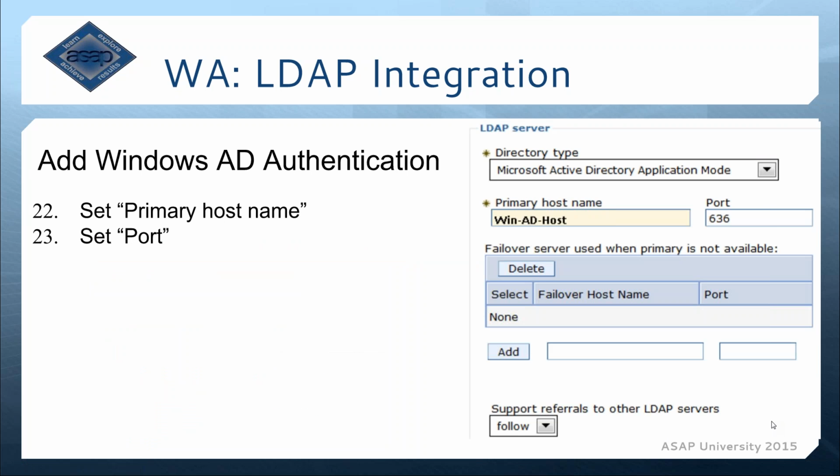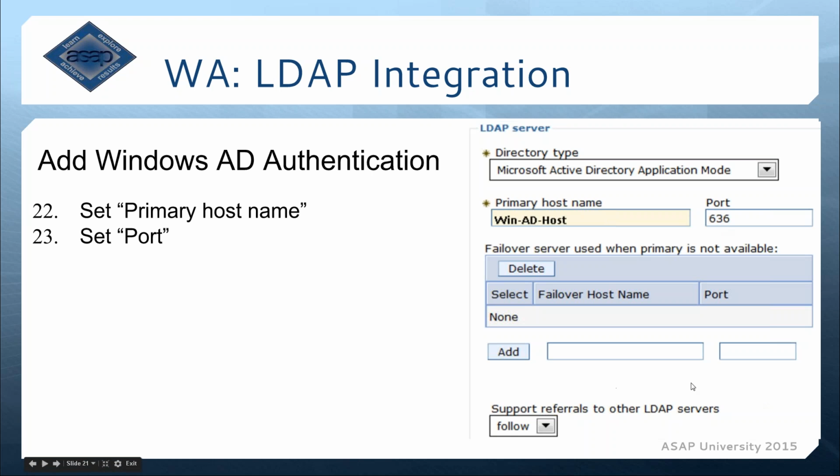And then on that same screen, you will enter your primary host name. And of course, that's not a real host name, and then our port 636, the one that we pulled their certificate in from.